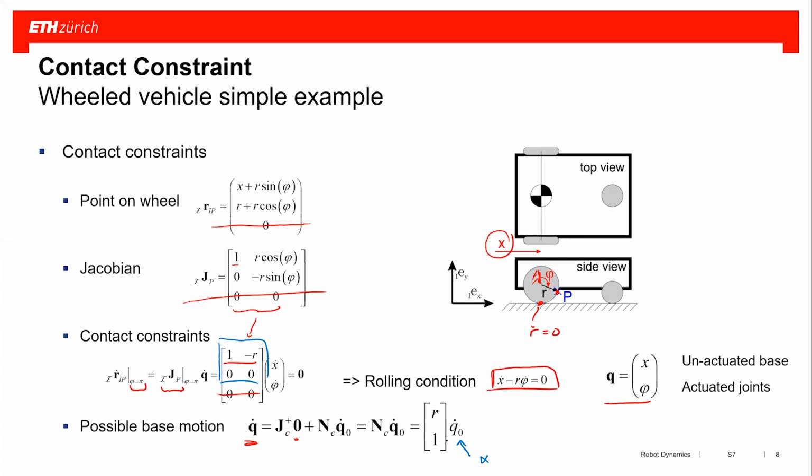So this is nothing else than, again, a motion which is compliant with the contact constraint. Now here, of course, it's trivial because it's only a two-dimensional system with one constraint which leaves one direction.